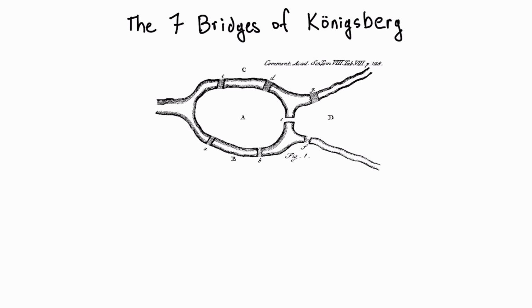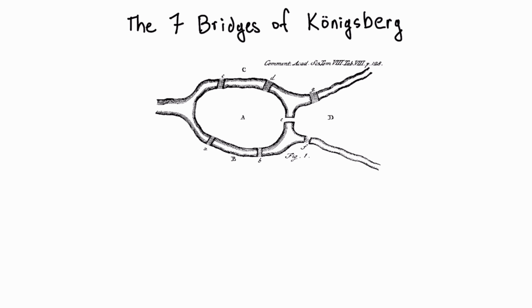To understand degree and where it comes from, let's go back to the 7 Bridges of Königsberg, which we talked about in part 1 of the Graph Theory with Python series. If you watched that video, and if you haven't, I highly recommend that you do, then you'll recall that the city of Königsberg has 4 landmasses separated by a river that forks. Here's Leonhard Euler's diagram that he drew in his paper about the Bridges of Königsberg.